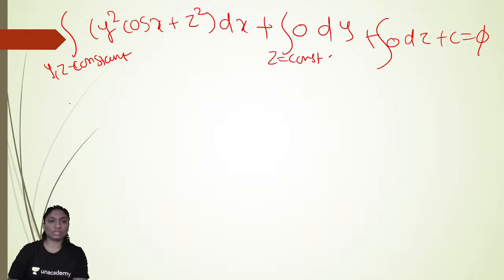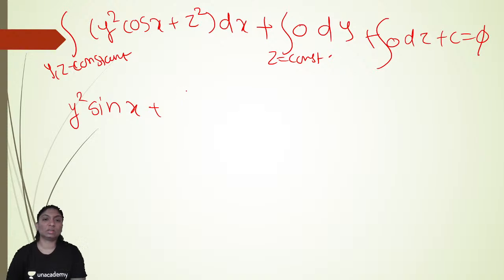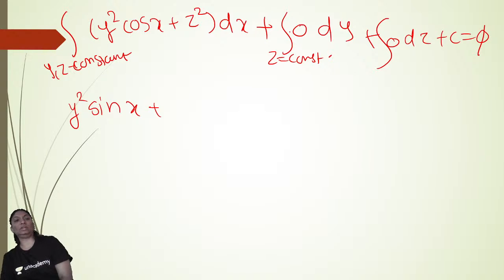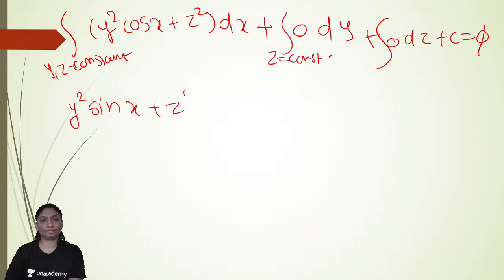The integral of cos x is sin x, so y square sin x, plus z square keeping z constant. The integration of this constant is z square x.